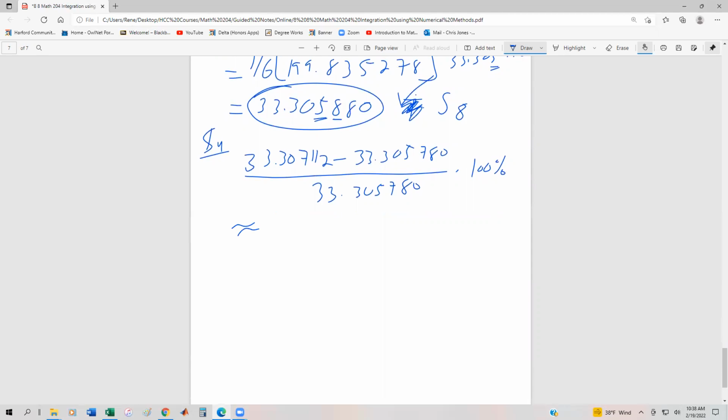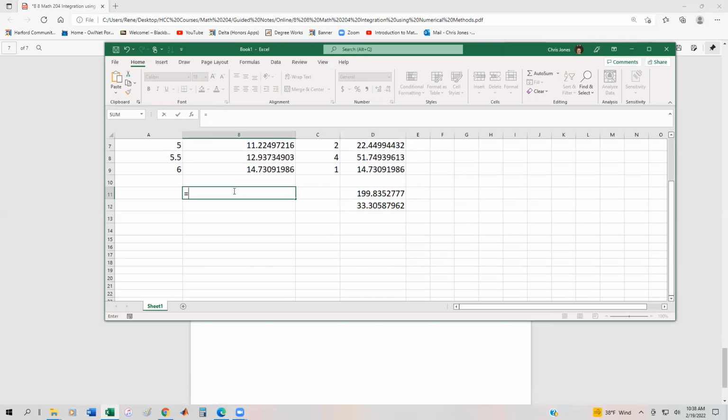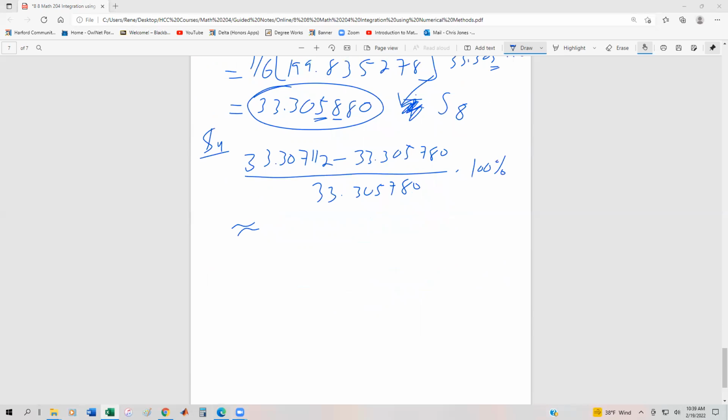All right, so just going into our Excel, right, I'm going to say equals. So we have our 33.307112, and I'm typing it on the other screen, 33.305780, and we're going to divide it by 33.305780. All right, and this is what it gives me.